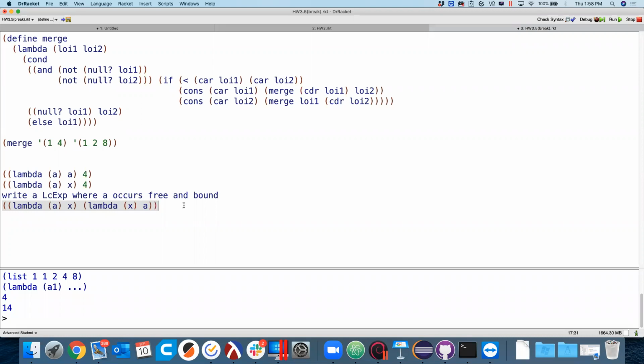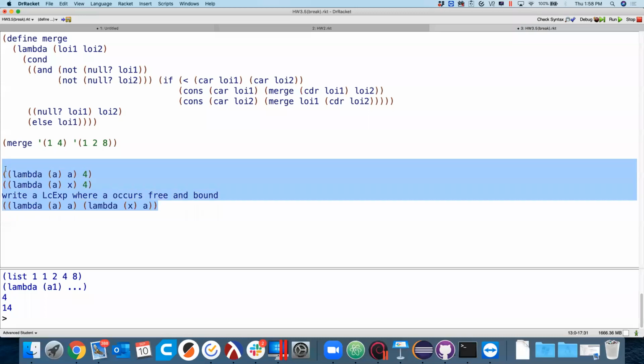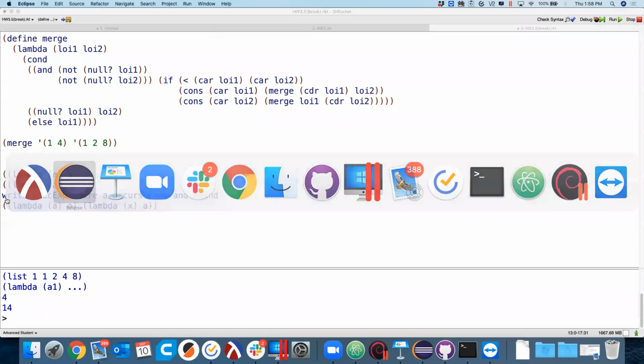Okay. So A occurs bound, A occurs free. All right, get the hang of it. Got when it occurs and where it's bound. Okay.